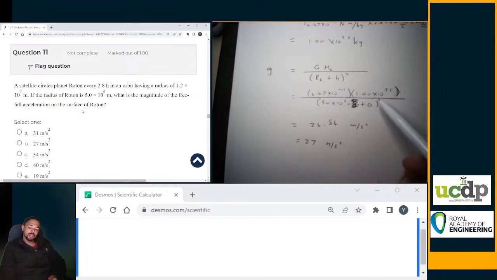If we substitute everything in, we have the mass of planet Roton, the gravitational constant, the radius of planet Roton, and it is at the surface so h is 0, and we get 27 meters per second squared. Okay.